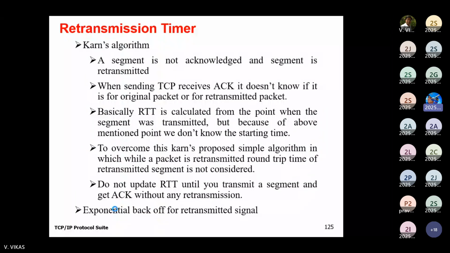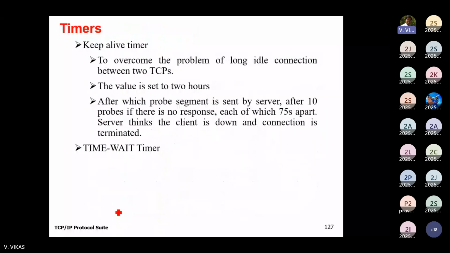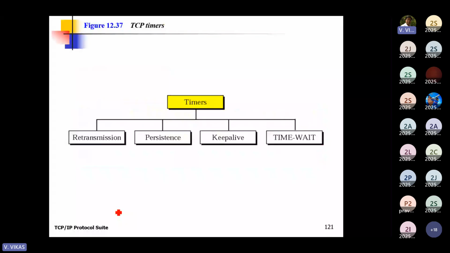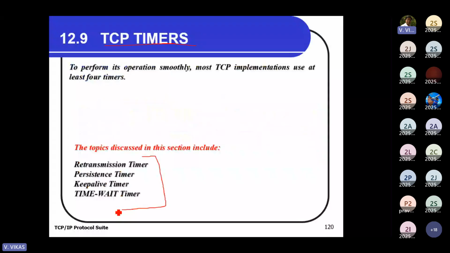Retransmission and persistence timer. Okay. So any idea when we talked about the persistence timer? Deadlock, exactly. Whenever we have deadlock. But because of what are we getting that deadlock situation? Both server and client will be in waiting state.